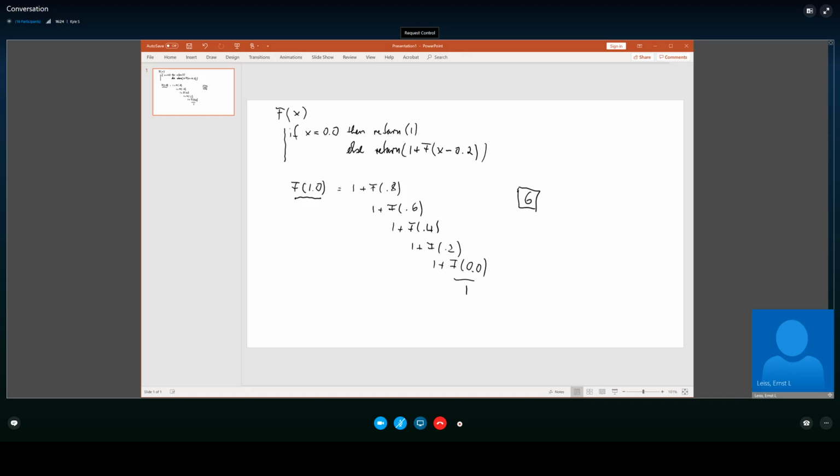But let's just look at f of 1.0. What is going to happen if I implement this function as it is written? Basically, it can be taken just as it is, and call f of 1.0. What's going to happen?